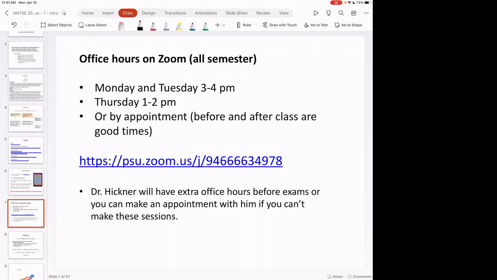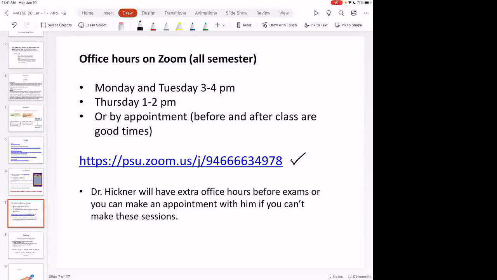And every office hour will be at this link. I'll be there. You'll be there. We'll do whatever we need. Make sure to share your screen, or you can point your camera at your paper. I'll be able to write stuff down and help you through it. A good time to answer questions or to do a quickie office hours is either right before or right after class.